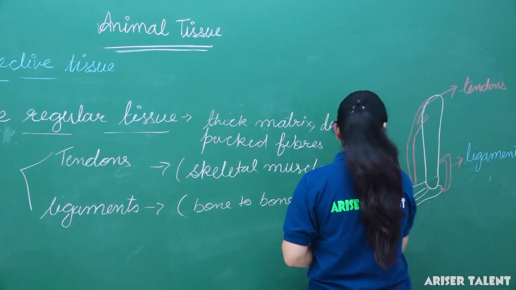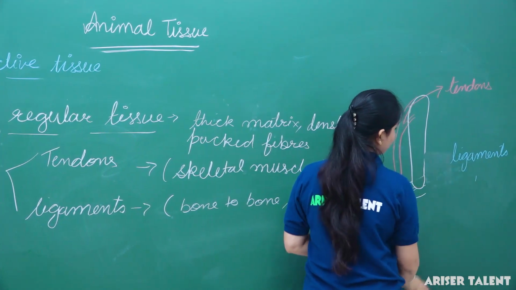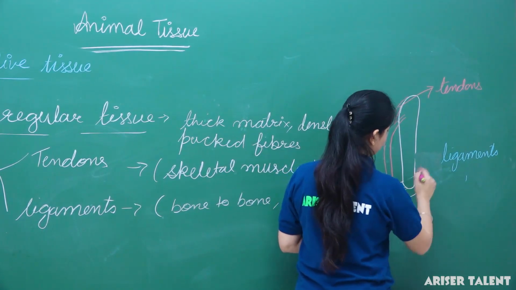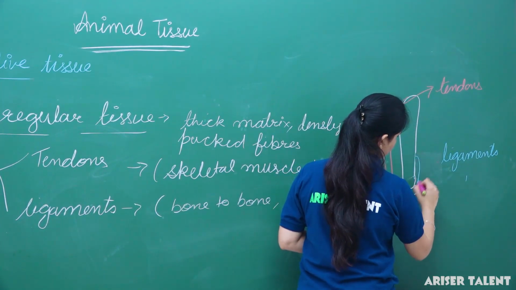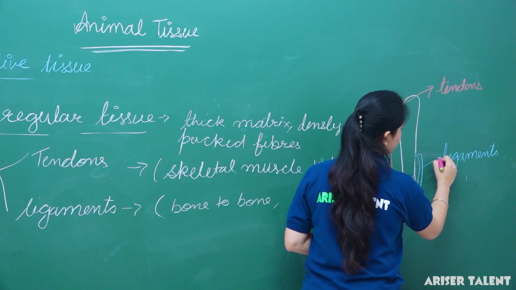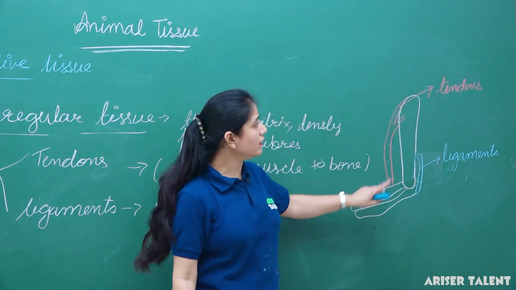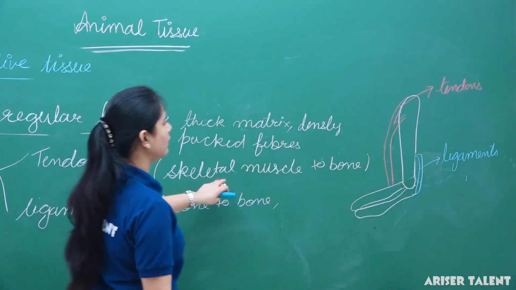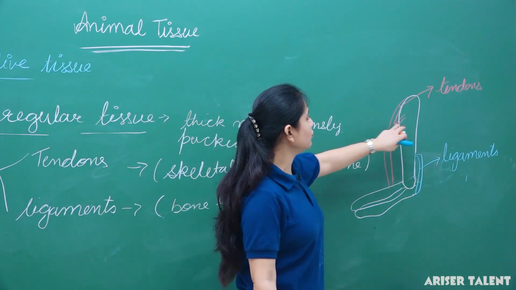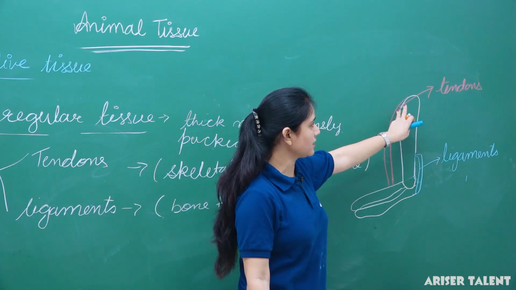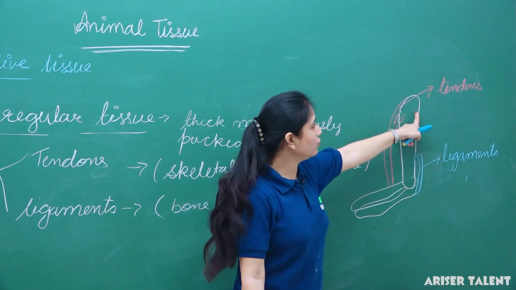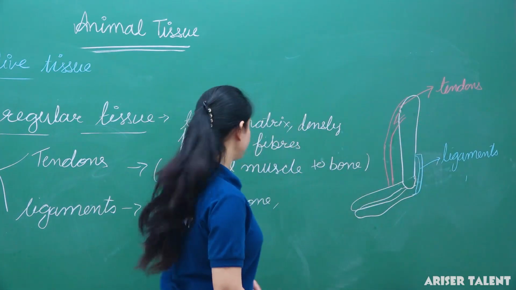So we can say that ligaments join the bones together, and tendons join the skeletal muscle to the bone. These are skeletal muscles and they join the skeletal muscle to the bone. These are called tendons.